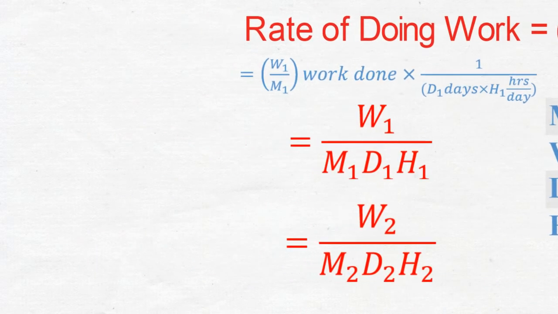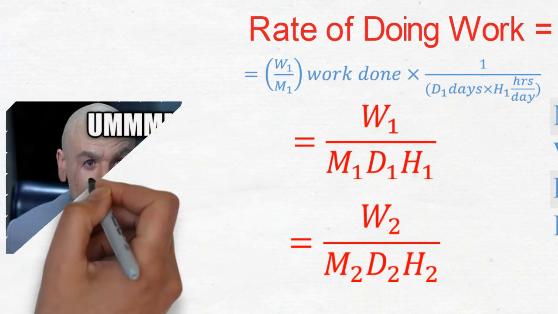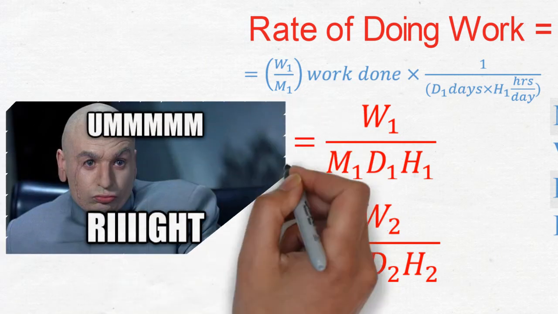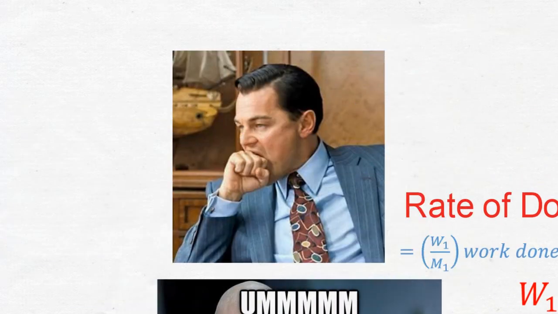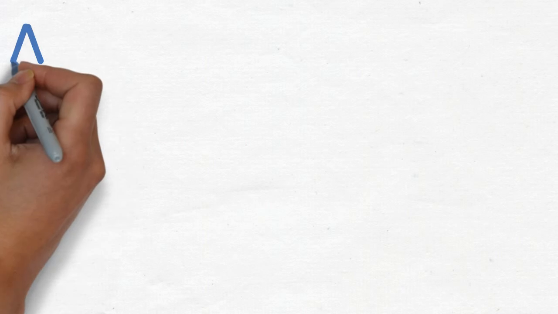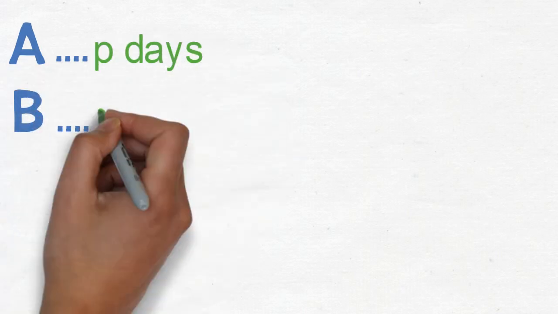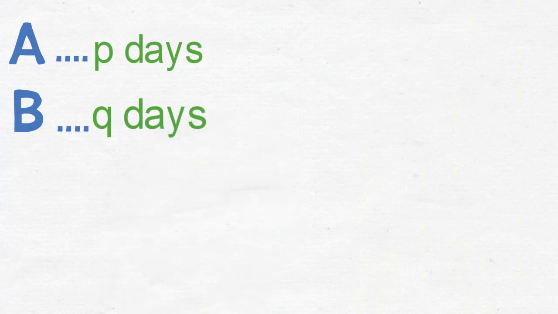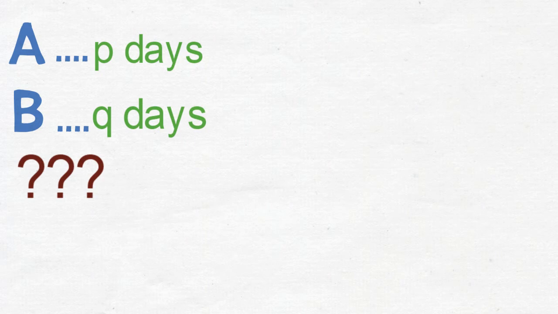But one thing must be kept in mind: we have assumed all men are working at the same rate, and it is not so in practical cases, which brings us to the next question. What if 2 persons A and B can individually do some work in P and Q days respectively? How do we find out how much work can be done by them together in 1 day?